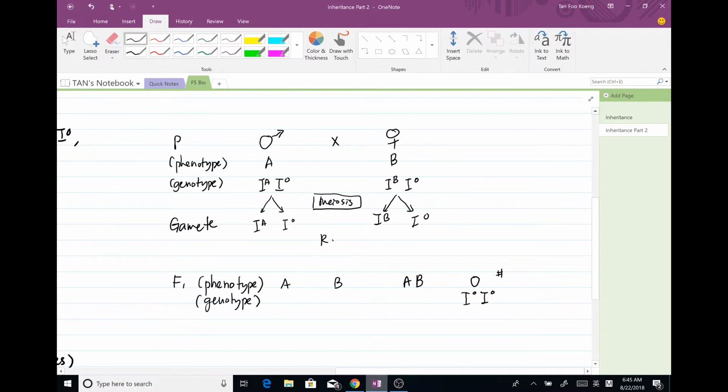During random fertilization, IA might fertilize with IB to give you IA and IB.